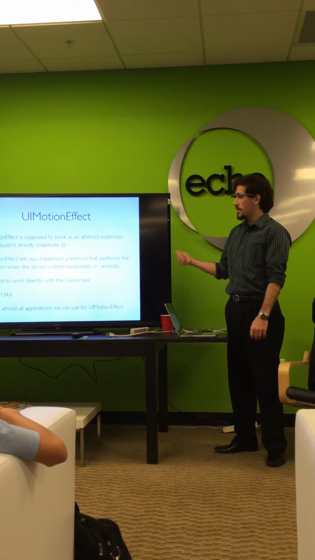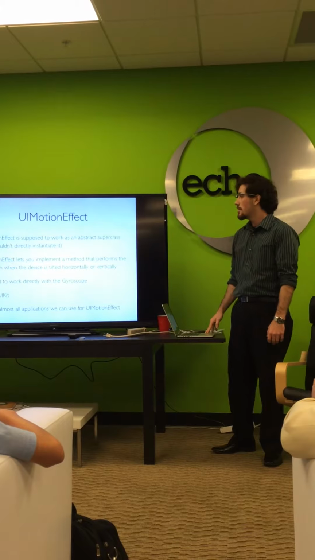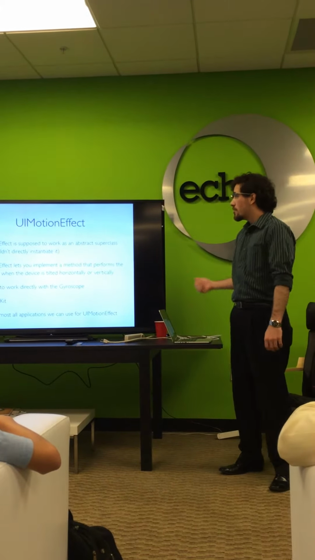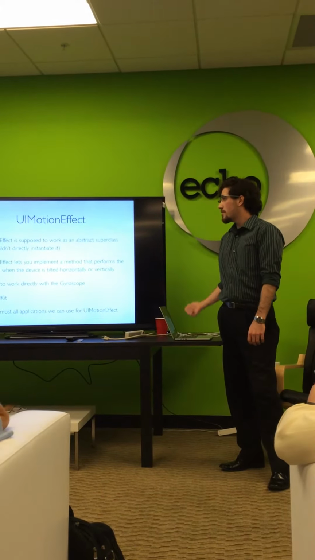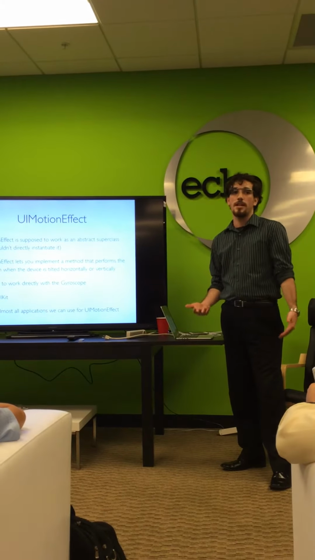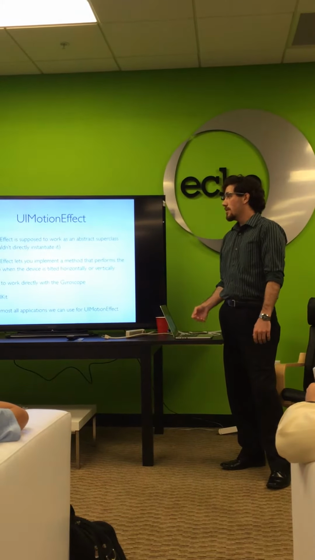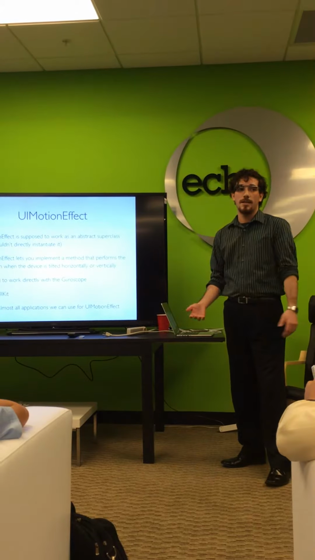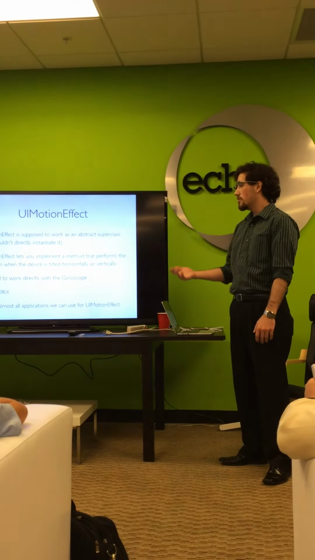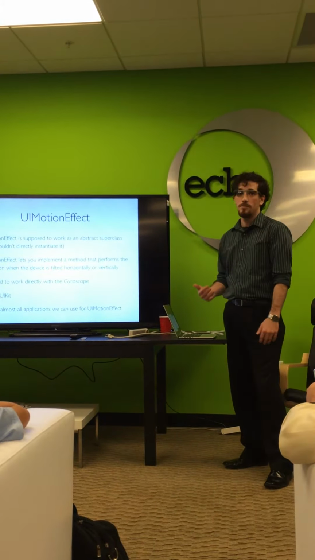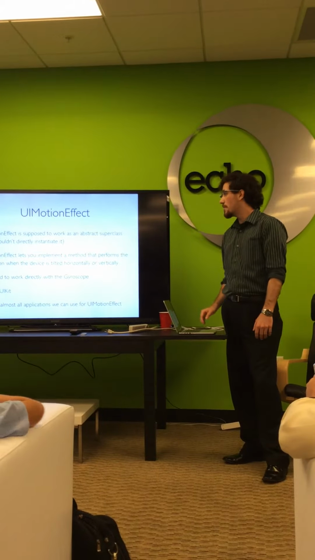So what they did is create the UIMotionEffect class. It's supposed to work as an abstract superclass, so you don't really instantiate UIMotionEffect. You should subclass it and create your own, or use one that Apple makes available for you.